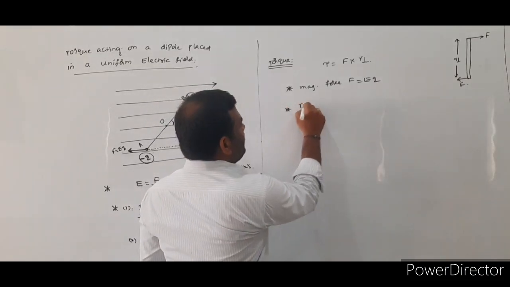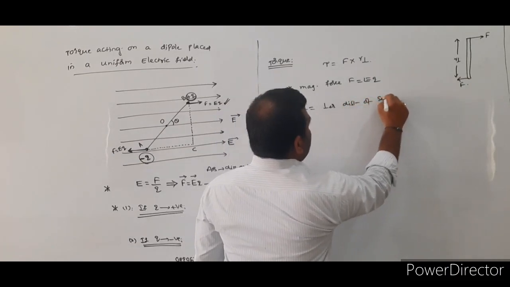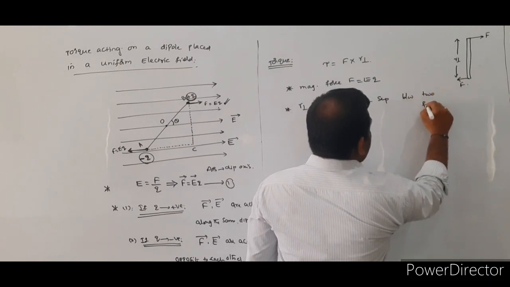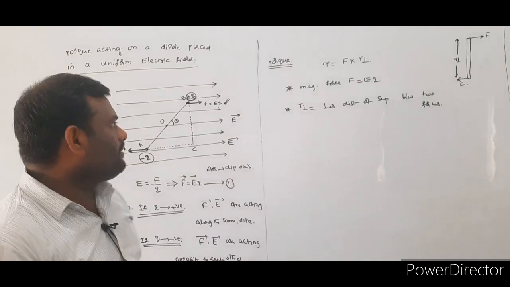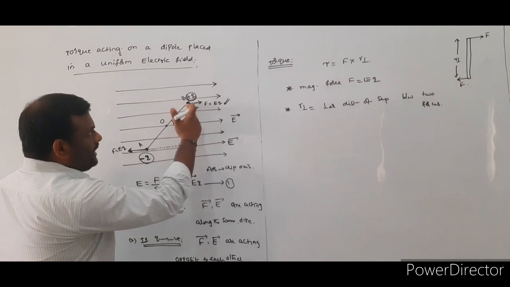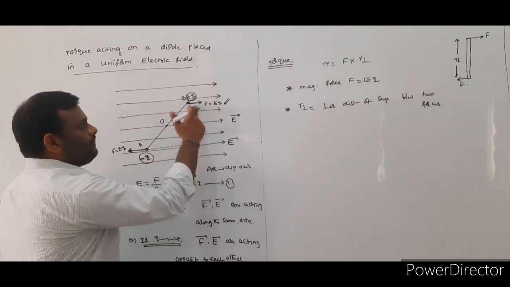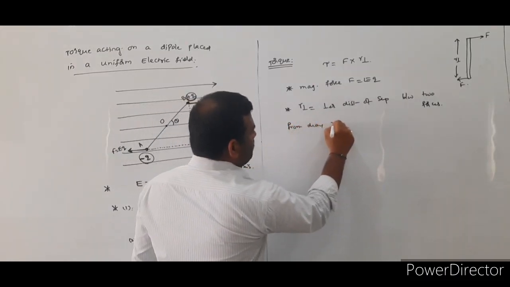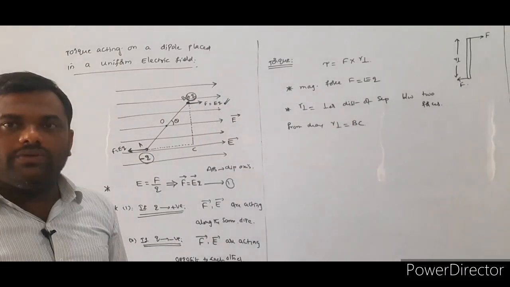R perpendicular is the perpendicular distance of separation between the two forces. So we have to calculate the perpendicular distance of separation between the two forces. If you look at the diagram, the perpendicular distance of separation between the two forces is given by BC. So from the diagram, r perpendicular value is equal to BC.